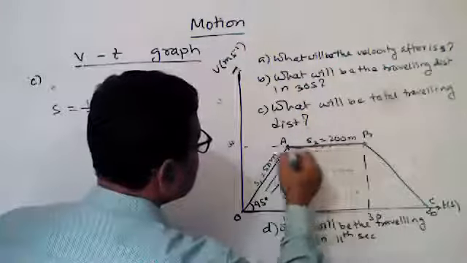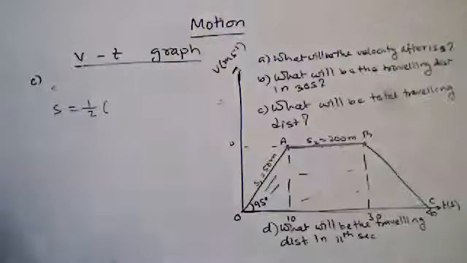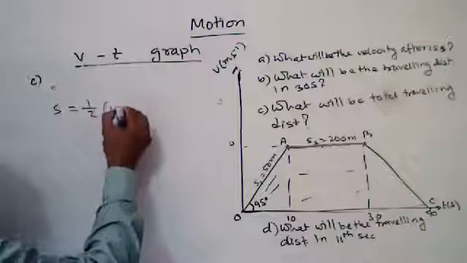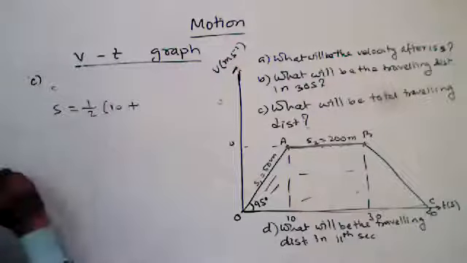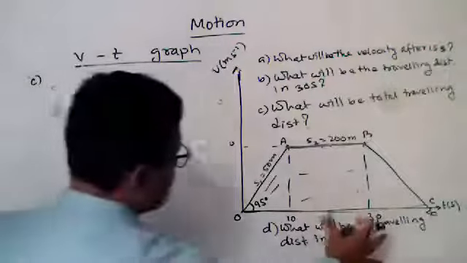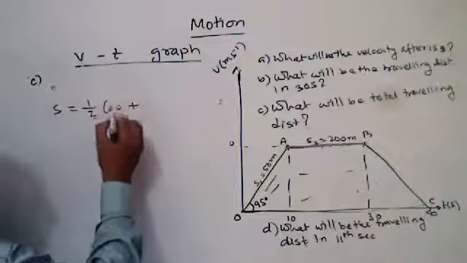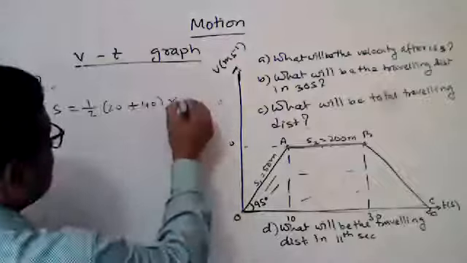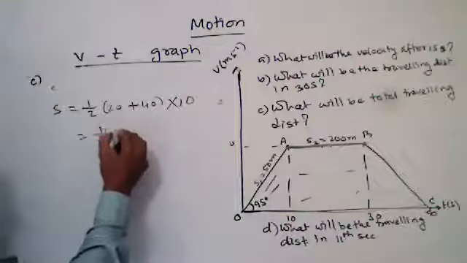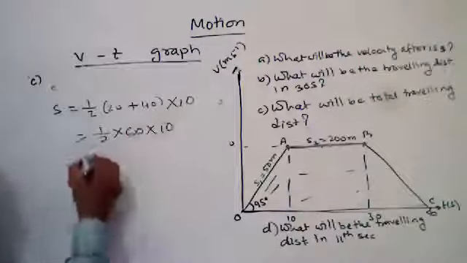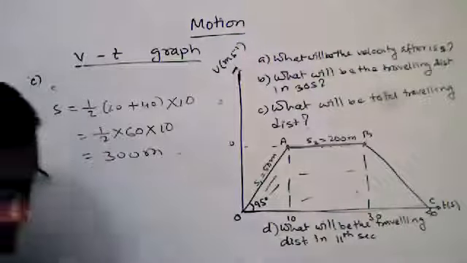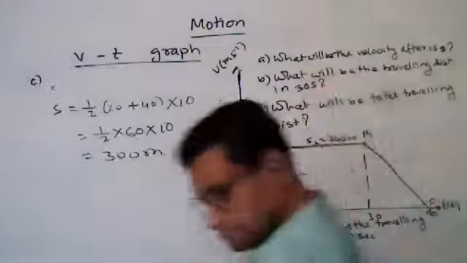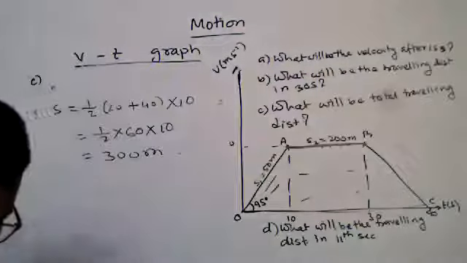Here the velocity is 10 and here the velocity is 40, so 20 plus 40, and the height is 10. So half into 60 into 10. So it is also 300 meters. You can determine the total traveling distance this way, the area of the trapezium. Any other way you can determine the traveling distance.